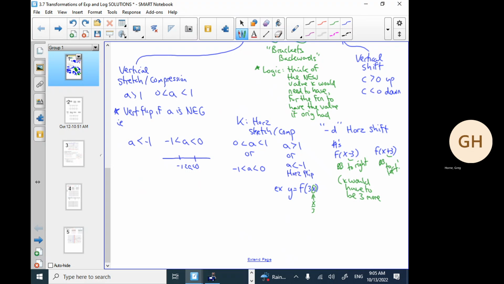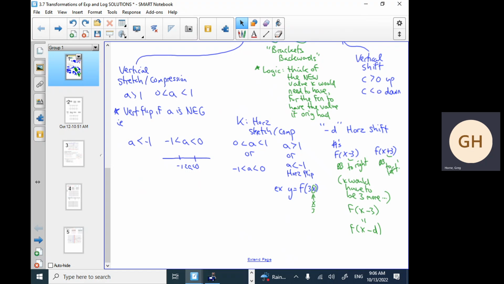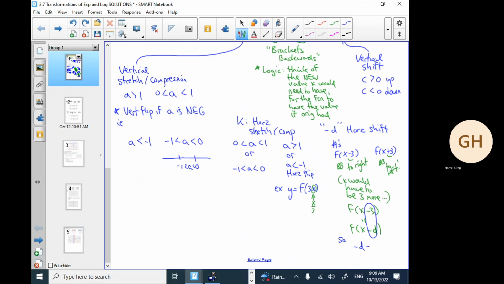So leave it like that, and then you can see that if you had f of x minus 3, the actual numbers, and if you say, okay, this is equivalent to our form f of x minus d, then you can see here that negative d would have to equal negative 3. So in other words, d would equal positive 3.